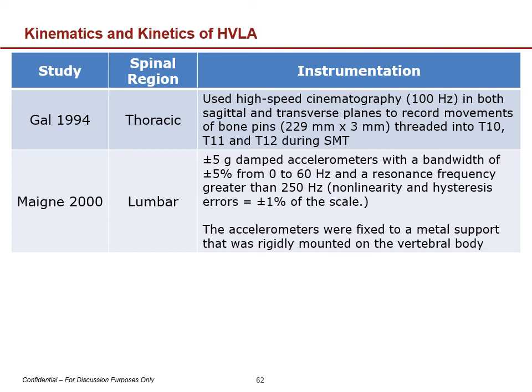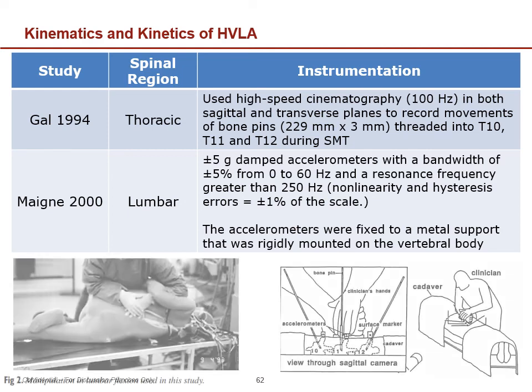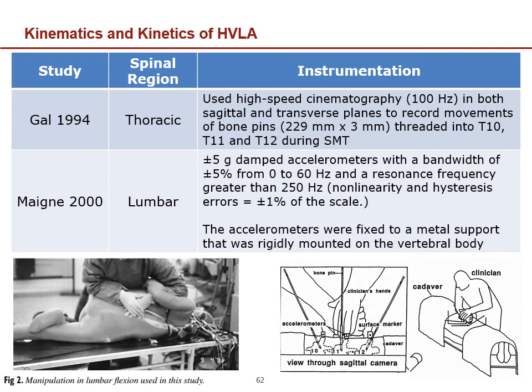The accelerometers were fixed to metal supports that were rigidly mounted to the vertebra, and again, both studies used cadavers. Okay, so there's a picture of the cadaver that they're manipulating, right?